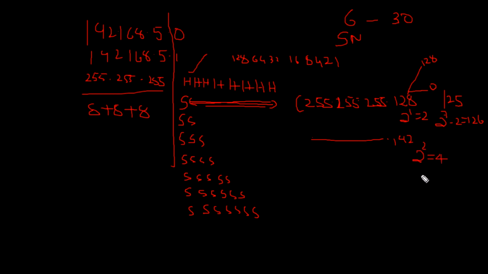How many hosts are possible here? 2 raised to power 6 minus 2. 2 raised to 6 is 64, minus 2 is 62 hosts possible. Like that you can find the others. Cisco refers to this as slash 26. 26 means 24 bits are used by default and 2 bits are used for subnetting. When you use 2 bits, you get 4 subnets. Each subnet's capacity is 62 hosts.